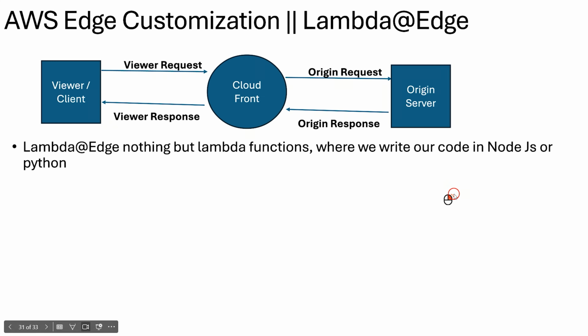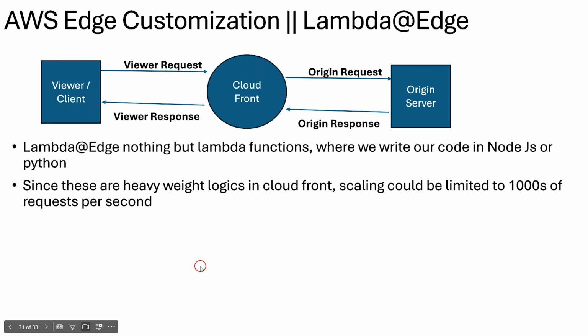When you call your Lambda function, it can be written in Node.js or Python. And the next point is, since these are heavyweight logics, Lambda will execute heavier logic. Even though it's a lightweight feature in AWS, compared to CloudFront functions these are heavyweight, so it will execute more logic.